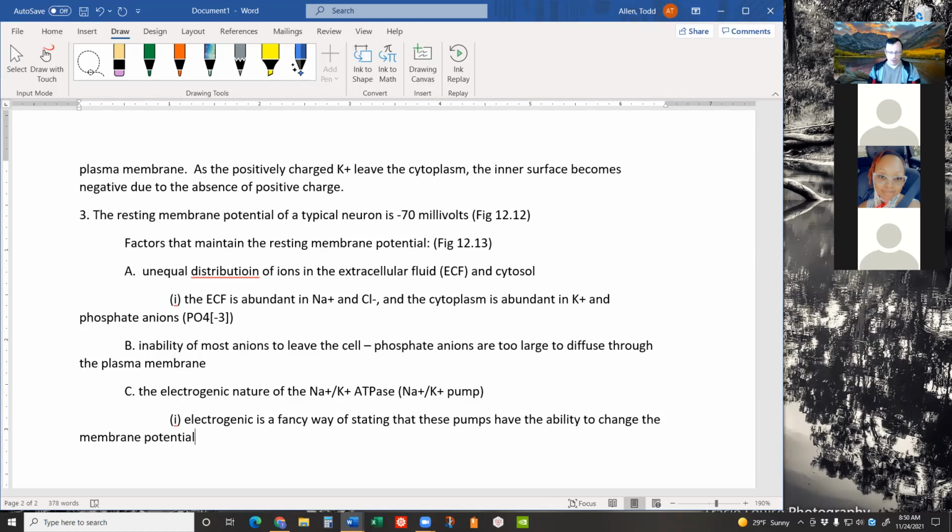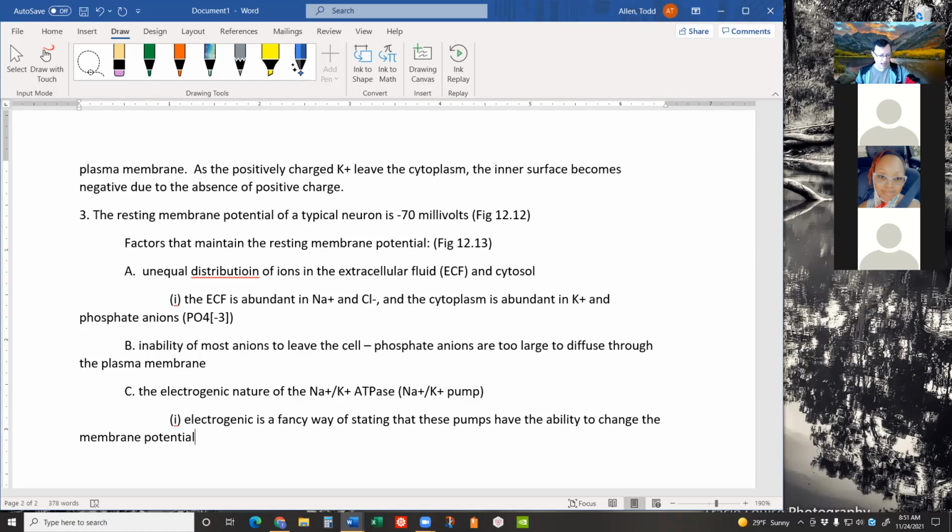And so you saw from the video that these pumps actually move ions from an area where there is a low amount of ion to a high amount of ion. So they're going against the concentration gradient. And you may recall from our time talking about transport processes in chapter 3 that when you move against the concentration gradient, that's going to require the cell to burn energy.